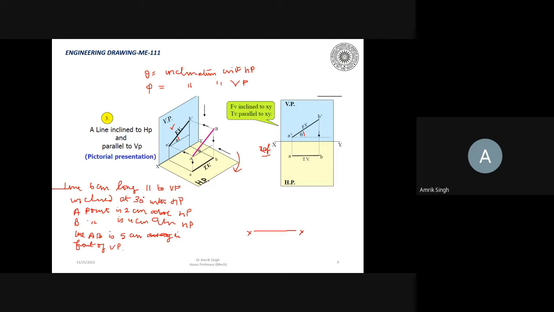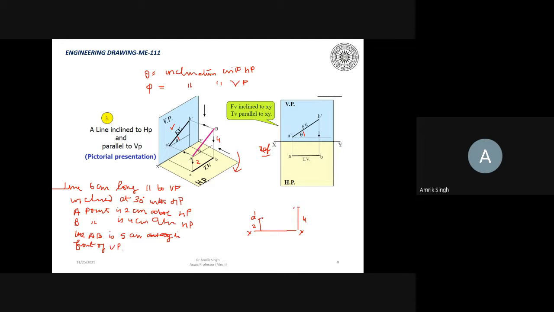Because it is given the point A is 2 centimeter above HP, so this distance is 2. And the point B is 4 centimeter above HP, so this is 4. This will be A dash, 2 centimeter, and this point will be B dash, 4 centimeter.